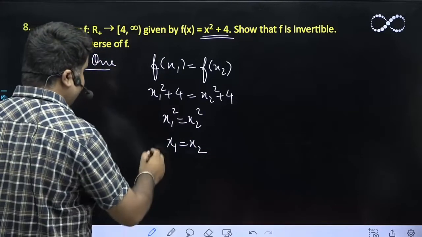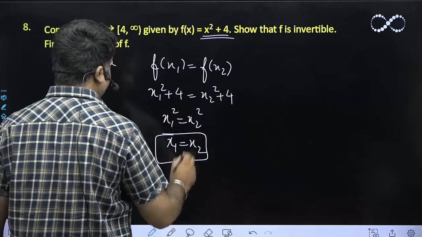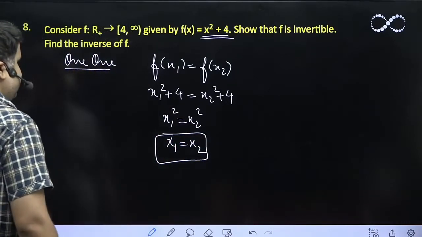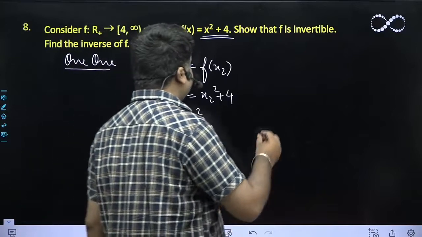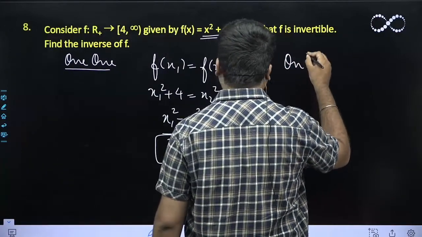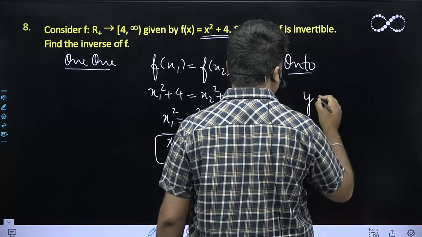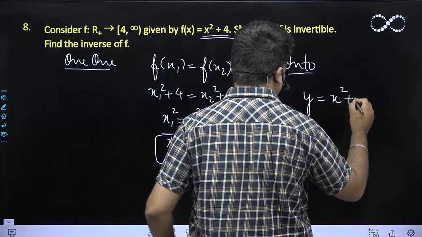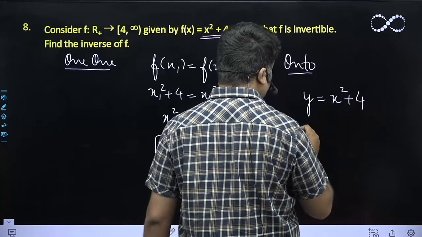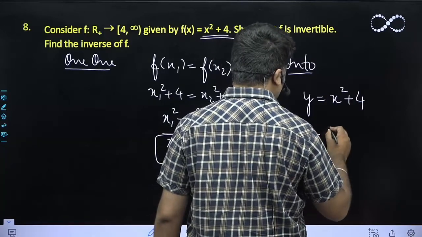So therefore we get x1 is equal to x2 here, right? So therefore this function is a one-one function. For onto, let's see, we get y is equal to x squared plus 4. You get the value of x squared is equal to y minus 4.